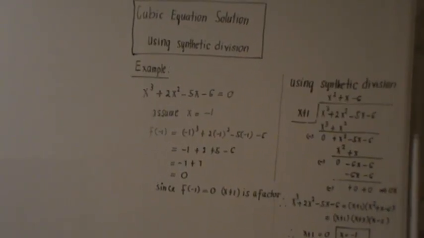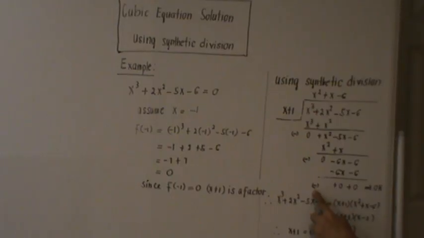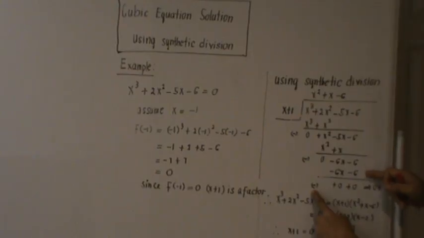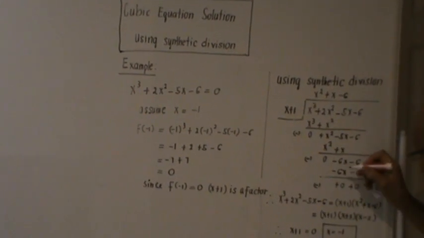Then we perform the operation subtraction. We subtract this one from the resulting product. So negative 6x minus 6x, this will become plus.